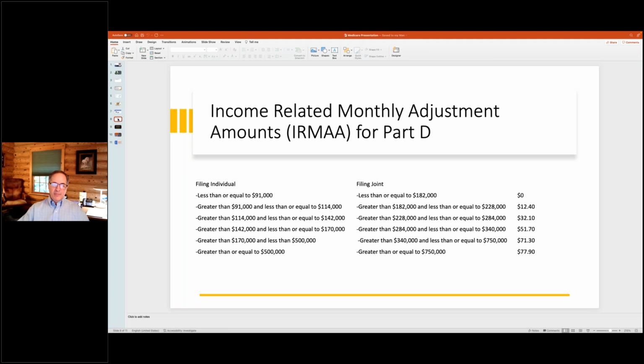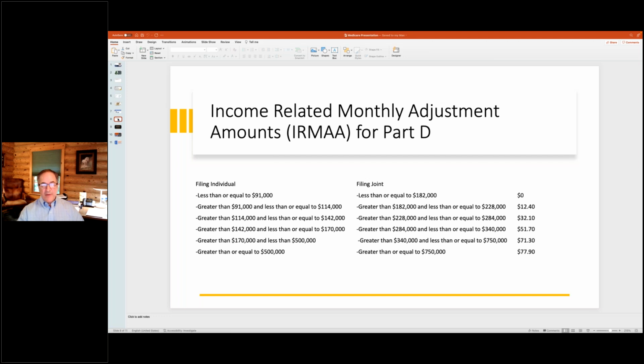But here's the problem. Because you are a higher income earner, you would also have to pay a surcharge, not a tax, but a surcharge of $71.30 to the government. So in reality, it's a $7.10 plan, but I'm paying $71.30 on top of that just to have it.